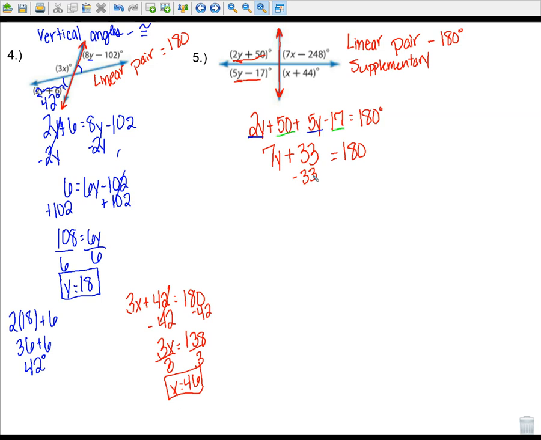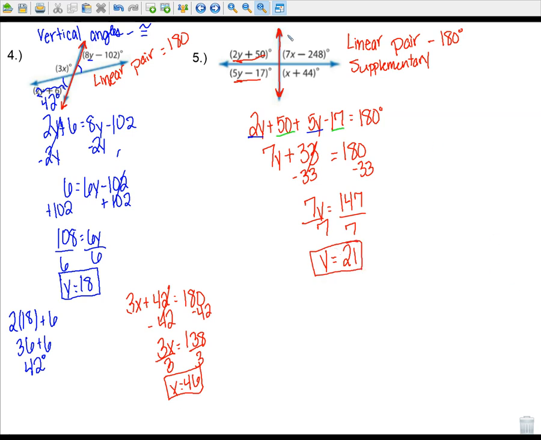From this point on, need to subtract a 33 from both sides. This is going to be 7y is equal to 147. And we need to divide both sides here by 7 to get our final y answer, and that's going to be y is equal to 21.